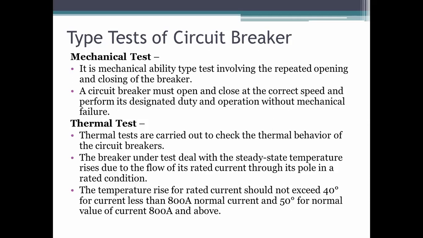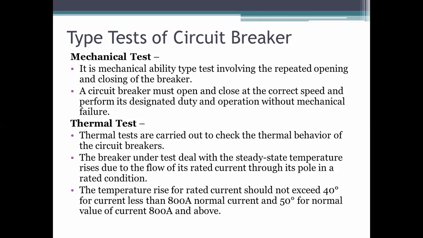That means when there is no fault, the normal current flows through the circuit breaker, and with that we have to test the steady state temperature of the circuit breaker, and how the temperature increases as the current starts flowing through it, compared to the rated value.